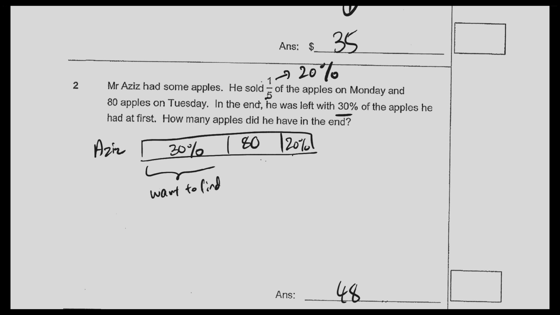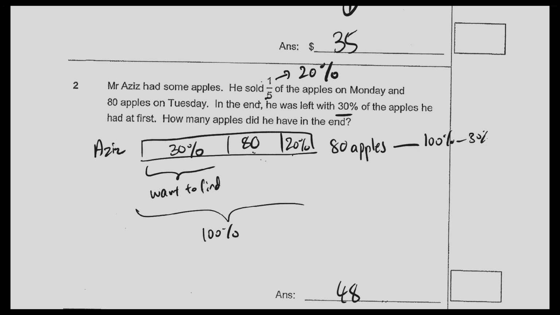So right here we have several percentages, and we have a number. So what percentage does this number constitute of its total number of apples? Well, that's also quite simple to decipher. This whole thing is 100%. So we see that 80 apples is equivalent to 100% minus 30% minus 20%, which is 50%.